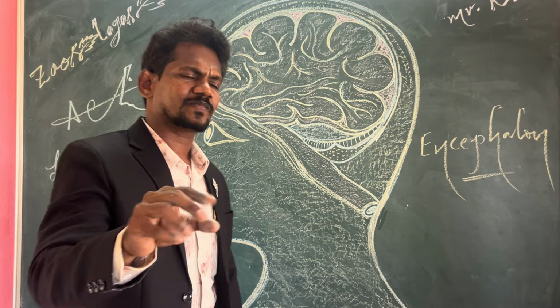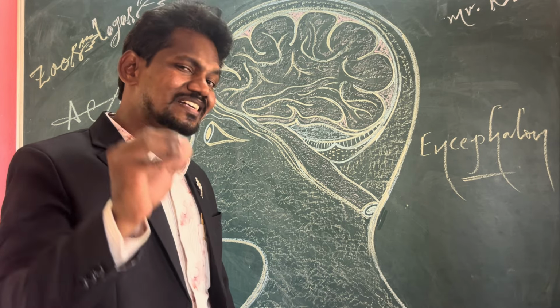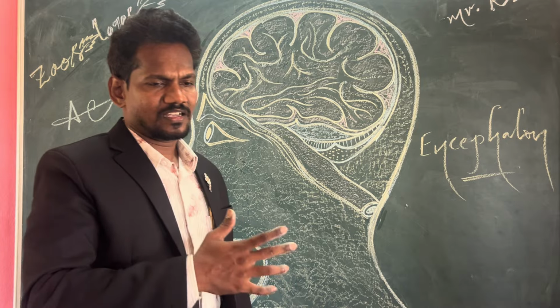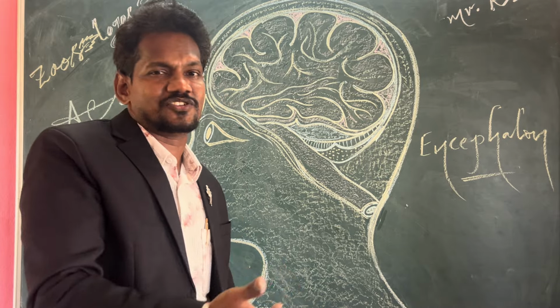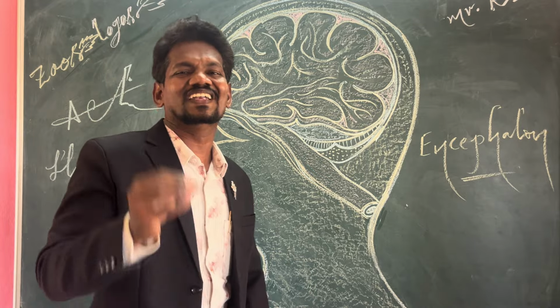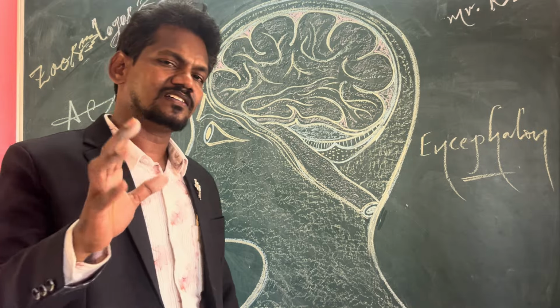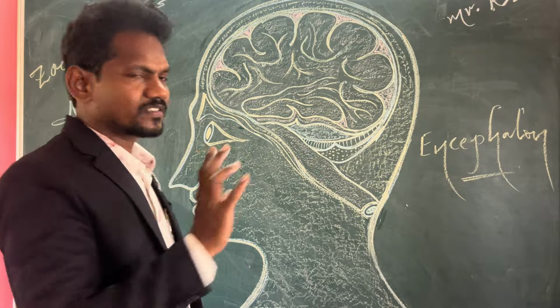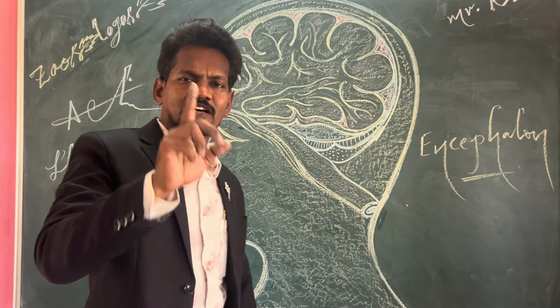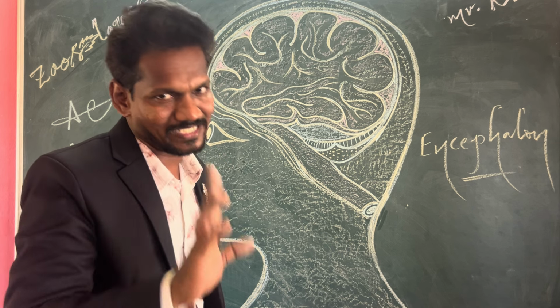One is neurons or nerve cells, which transfer the electric impulse in the form of message or memory. The second type of cell is glial cells. These are supporting cells to the nerve cells. So the human brain is made up of nerve cells and also glial cells.